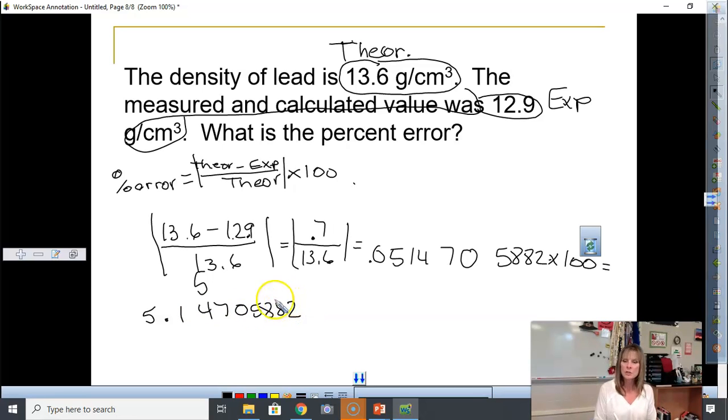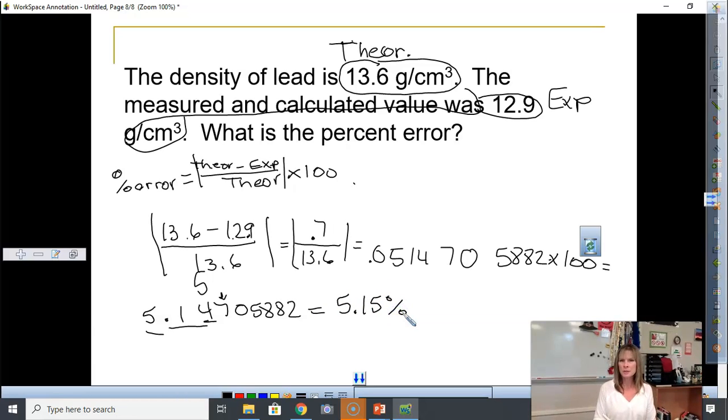There we go. So it's 5 and some change is the answer. But let's get the correct number of sig figs. So I can have 3. So I've got 1, 2, 3. The next digit is 7, does that round the 4 up to 5, or does it leave it at 4? Right. It rounds it up. So my final answer is 5.15%.